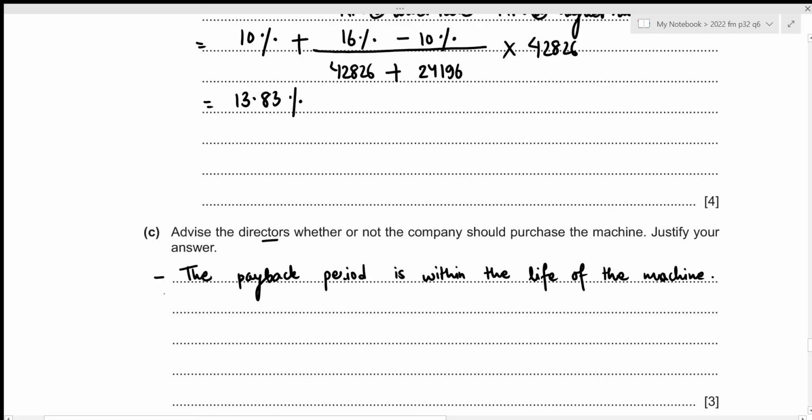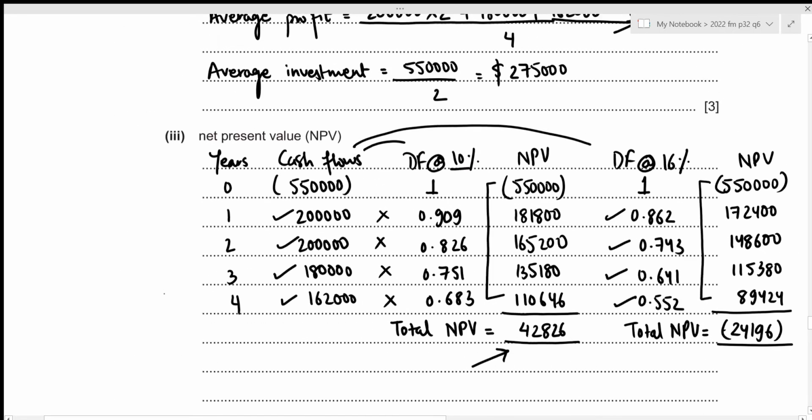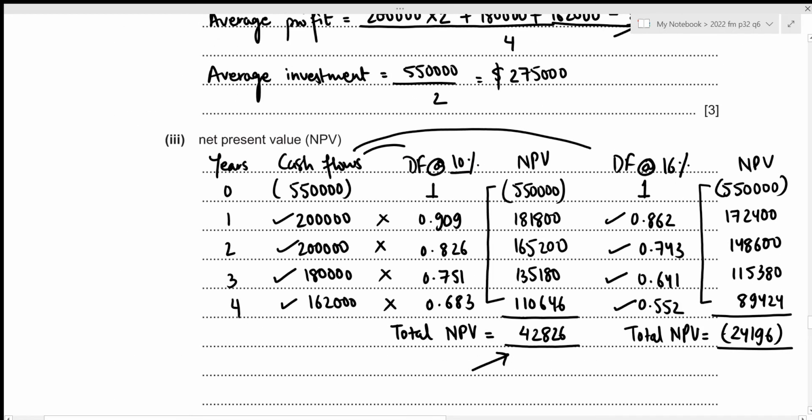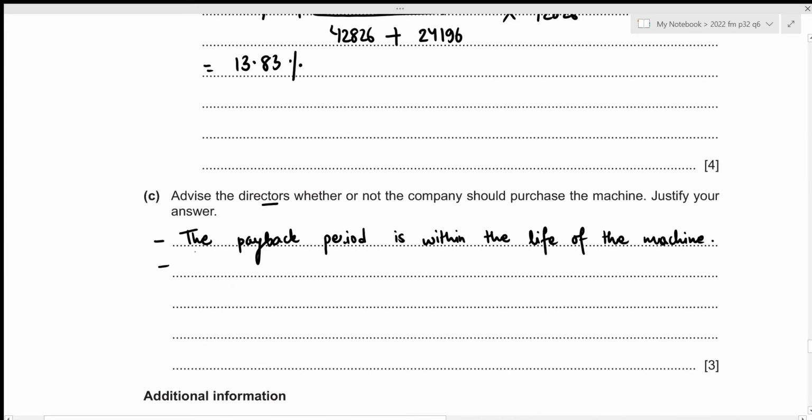Now let's talk about net present value. We can see that the net present value at the required cost of capital is 42,826, which is a positive value. And whenever the net present value is greater than 0, it indicates that the investment is good. So let's write it down as well. The net present value is positive.